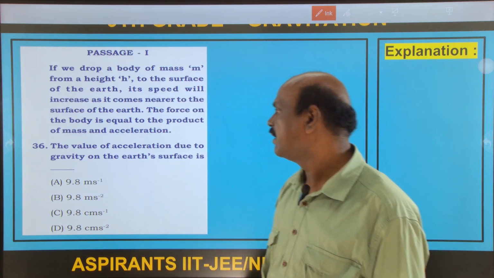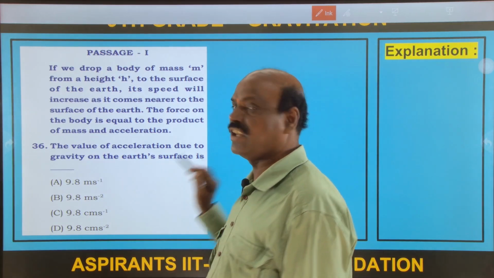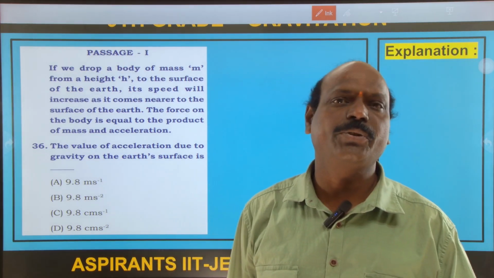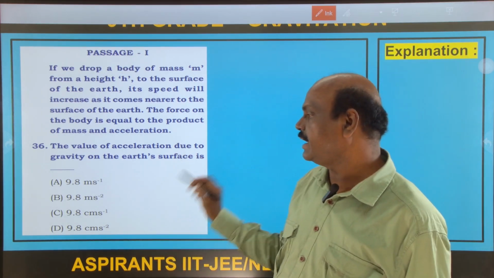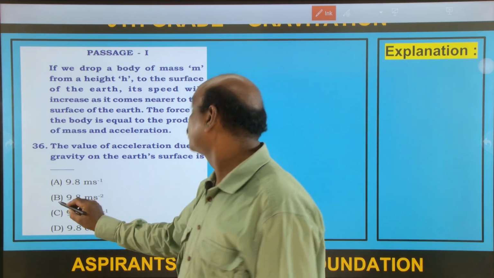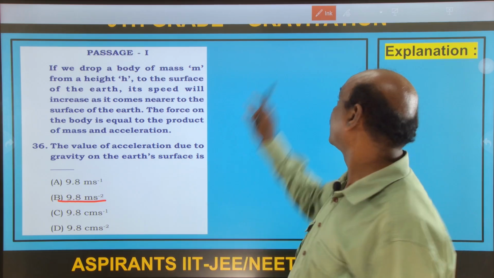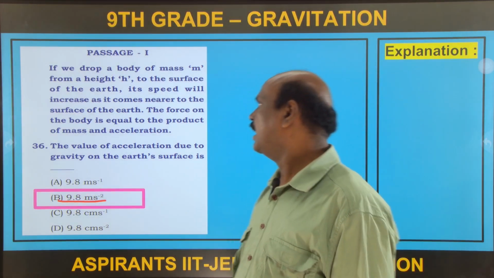Let us discuss. The value of acceleration due to gravity on the earth's surface is 9.8 meters per second square, which is constant.